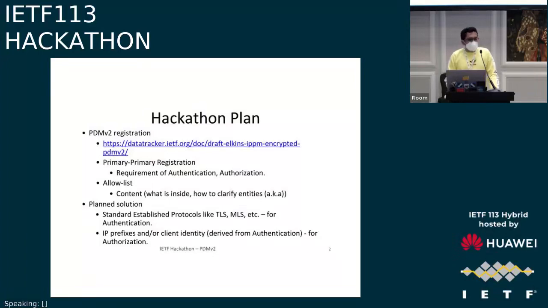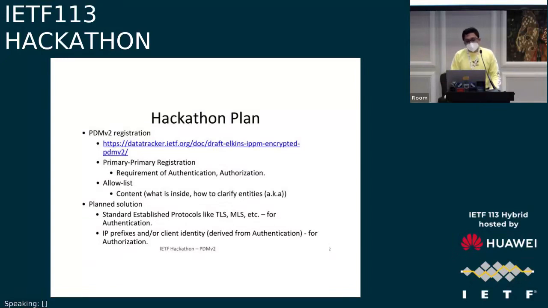We divide this process into PDMV2 registration and the data transfer phase, where we send the actual extension header encrypted and the receiver decrypts it on its side. In the internet draft, we plan to standardize the data transfer phase. But for the hackathon, we thought we'd have a complete implementation starting from the registration.